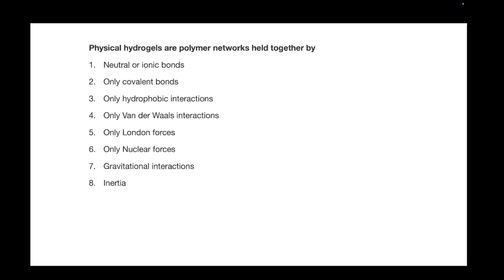Most of these forces will come under these two categories. That's why the first option will be the correct answer, that is neutral or ionic bonds. But they should be non-covalent basically.